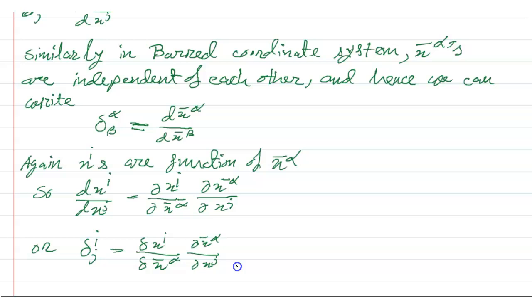This coordinate is called the unbarred coordinate system.